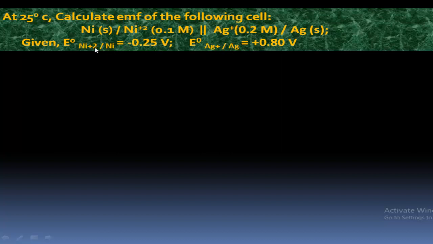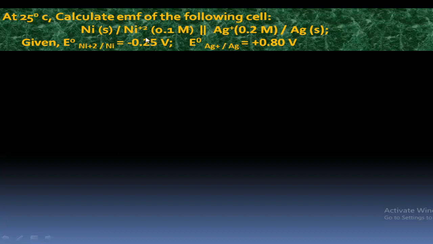So the oxidation value of nickel per nickel ion is more, so it acts as anode and the other acts as cathode. And also following the cell diagram we can easily understand, because in the cell diagram at first the anode oxidation half cell, double bar, then the cathode reduction half cell is written.